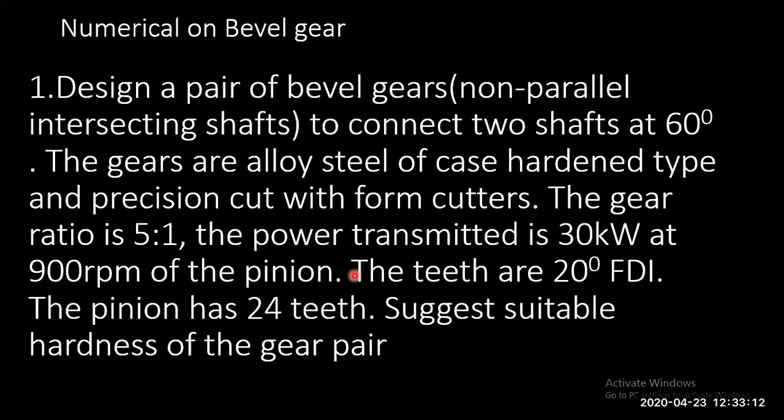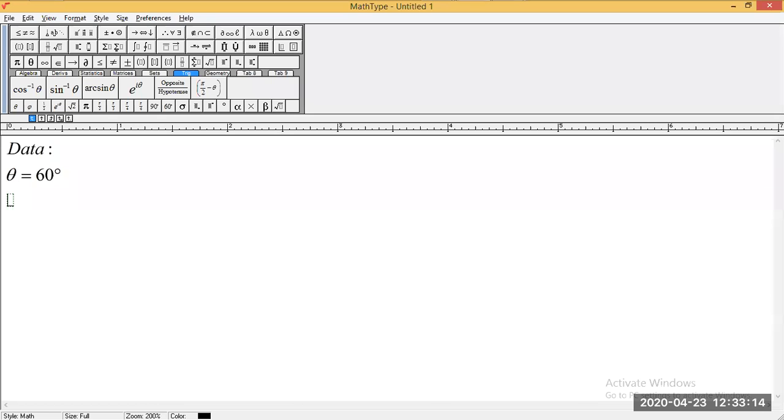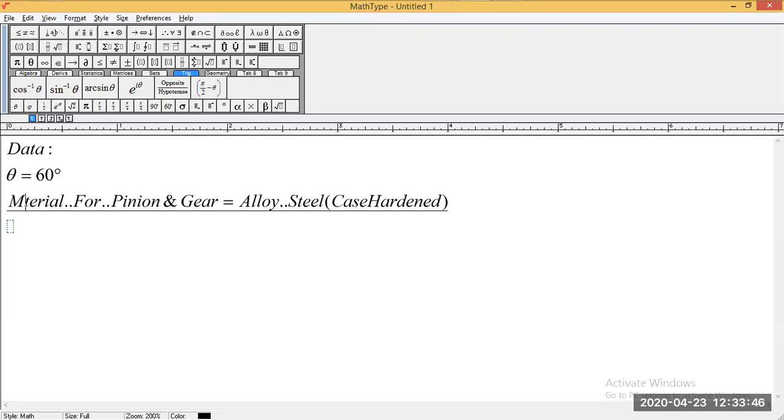No other material is given, so the material for pinion and gear is case hardened alloy steel. Both materials are the same.